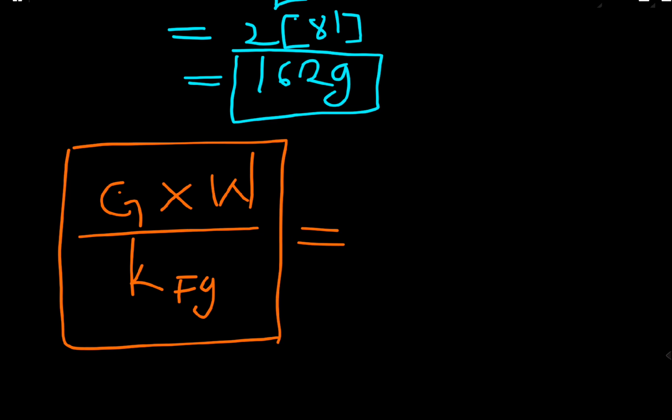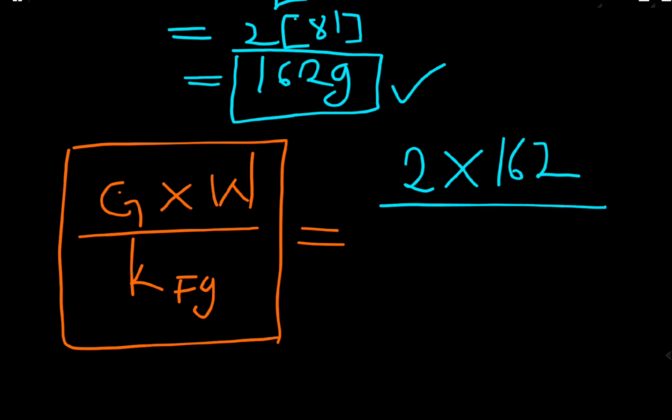It becomes what is given was 2, times what we want, hydrogen bromide, and that is this here, 162 grams, over what we know from what is given, which is actually the molar mass of propyne, but this molar mass was solved based on the balanced chemical equation. So sorry, we got 40, not 60. So we got 40.